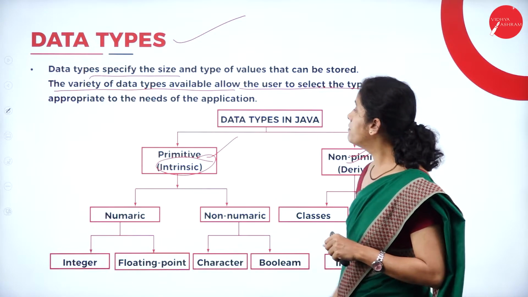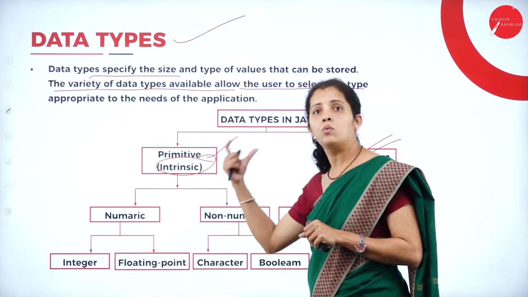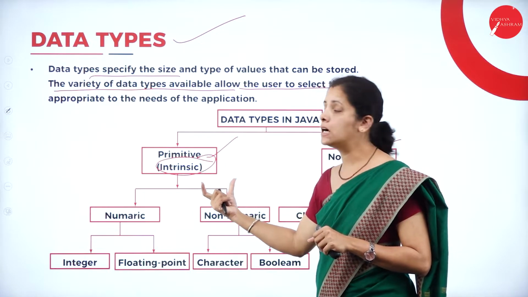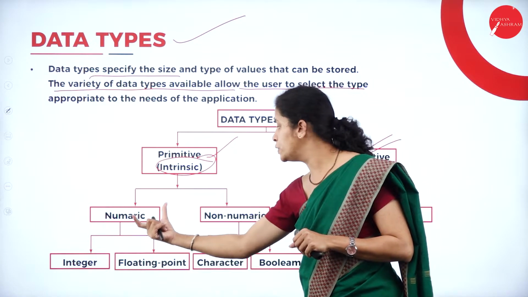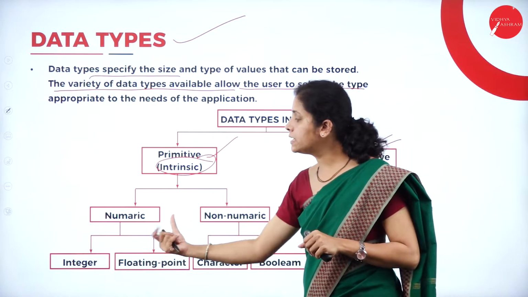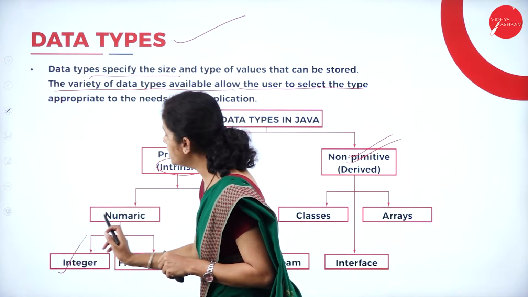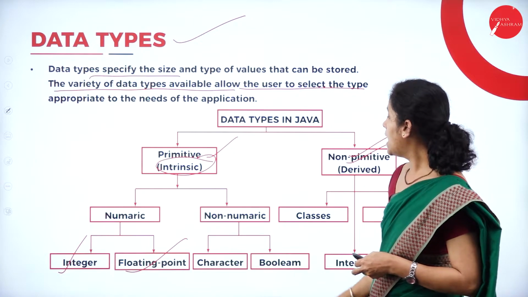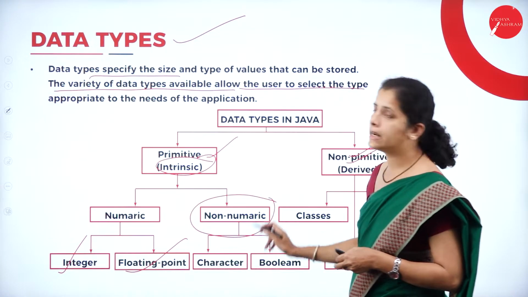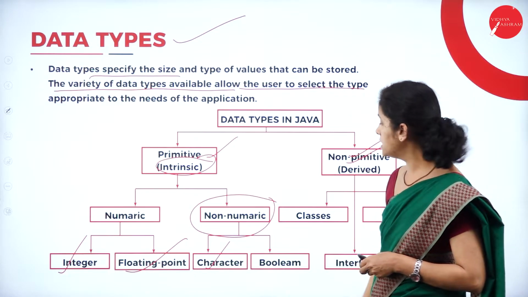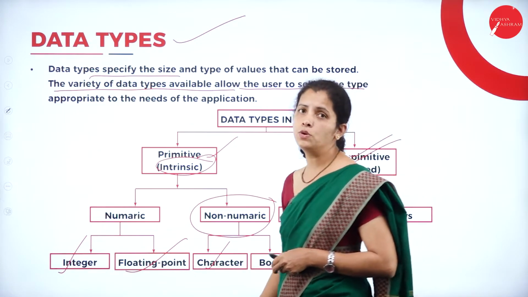Here, the primitive data types, the basic or simple data types, are further classified into numeric and non-numeric. This numeric data type is also further classified into integer as well as floating point. And the non-numeric data type is once again categorized into two types, that is character as well as boolean.